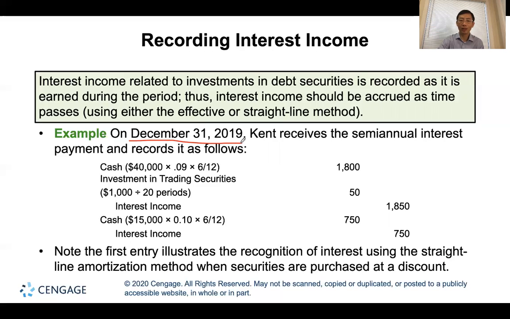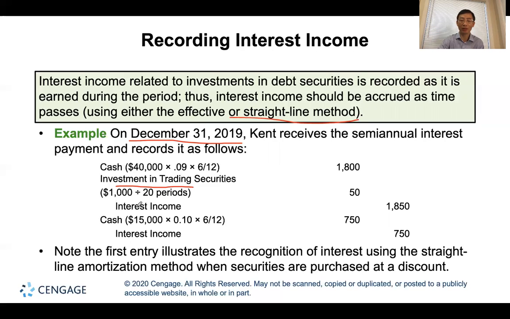So here, for the 9% bond, we need to accrue and deal with the discount, using the straight line method.